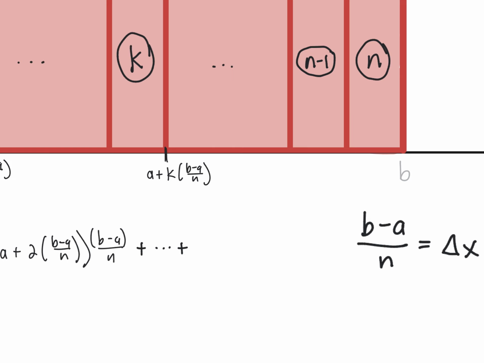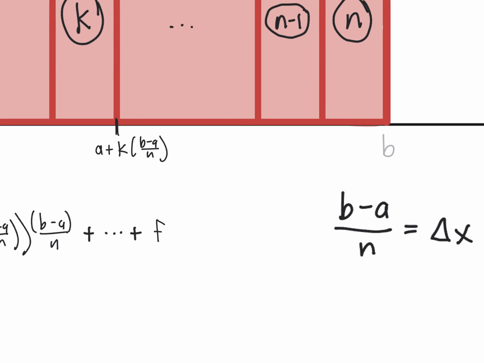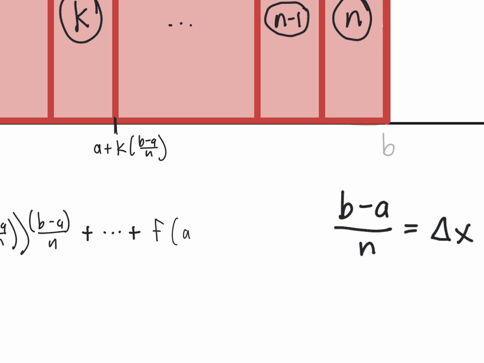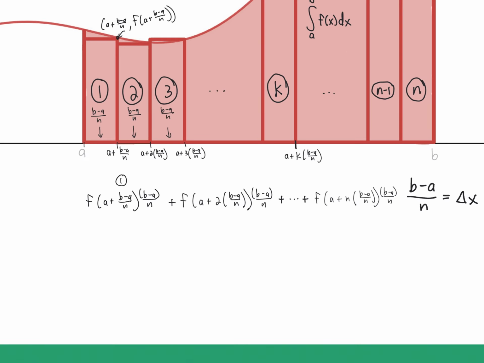And so we know the height is really going to be f(a + n(b - a)/n), times (b - a)/n. And we know that this inside part here is really just b, but I'm going to keep it like this because it'll make sense for the next one.